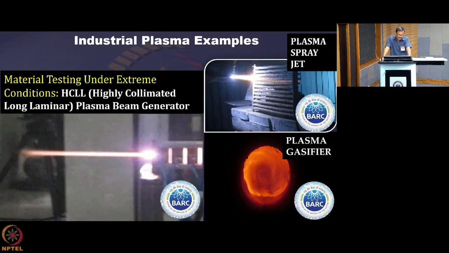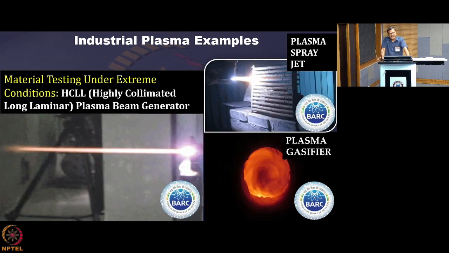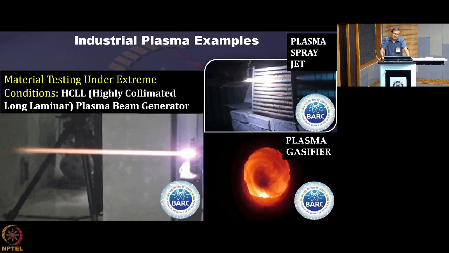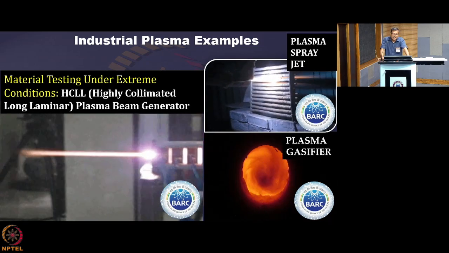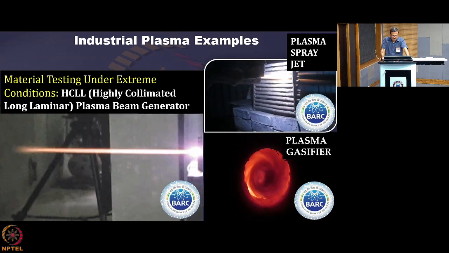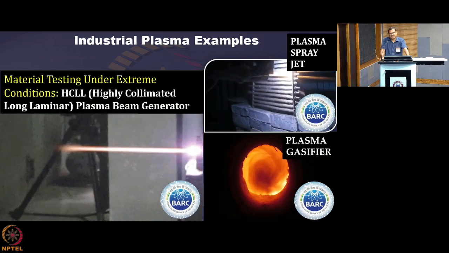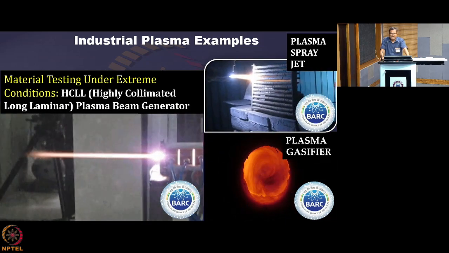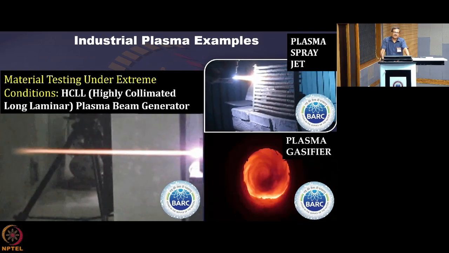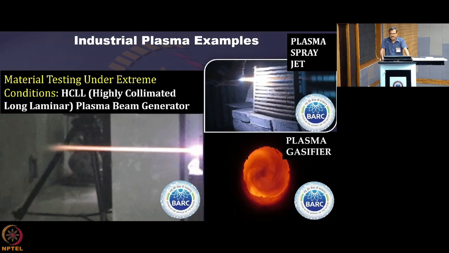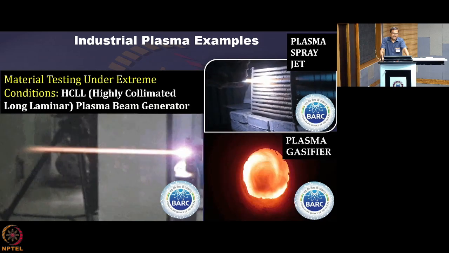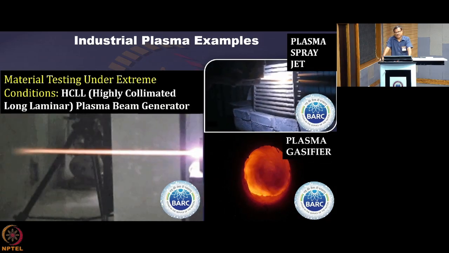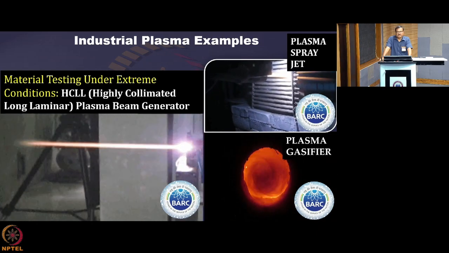So that is where this industrial plasma can contribute to the fusion area, because material is one of the major constraints of these fusion devices. You know that fusion happens at very high temperature, and some of the plasma-facing components face really very high heat flux, even though you are confining the plasma in the core using magnetic confinement.